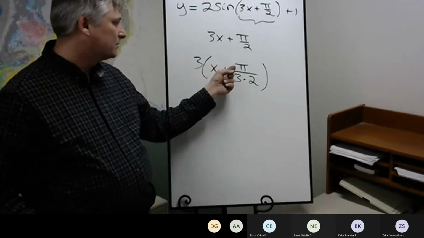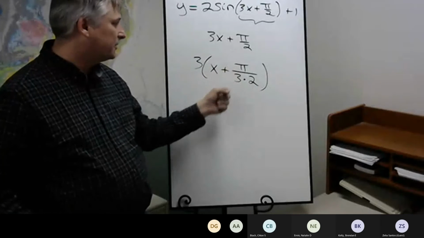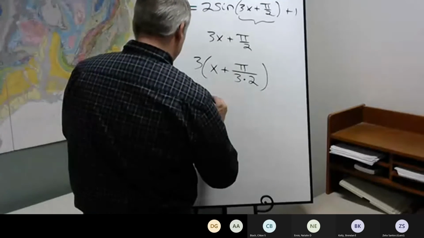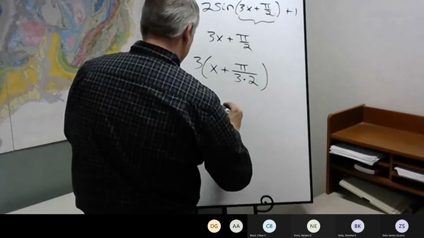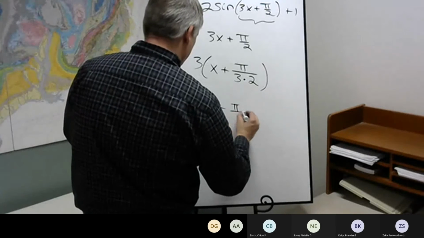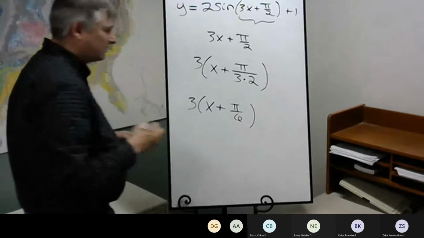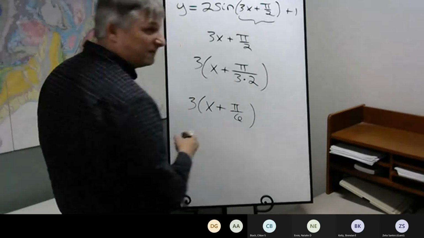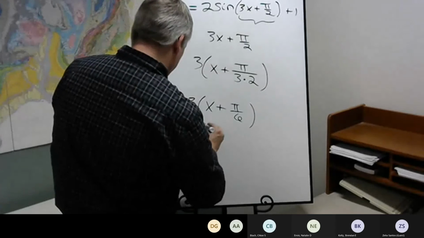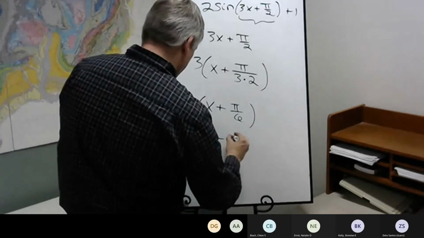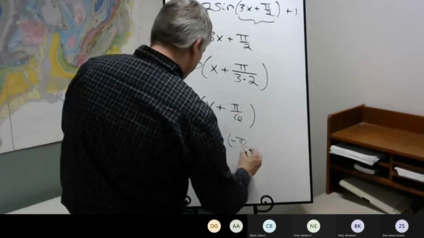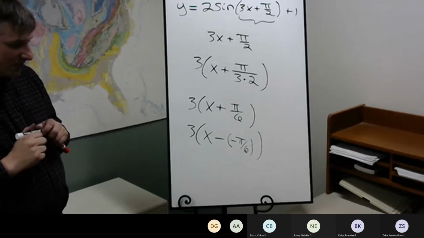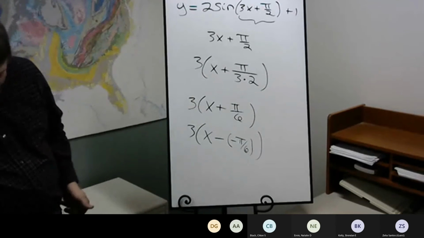When this 3 gets multiplied to this, it'll cancel out with this 3, so you get pi over 2. We're going to get something like this. So this, you can see, is what's called a phase shift. I think the text handles it like this.